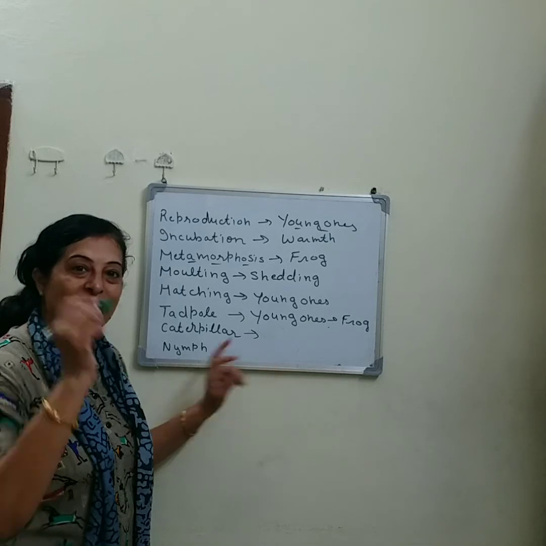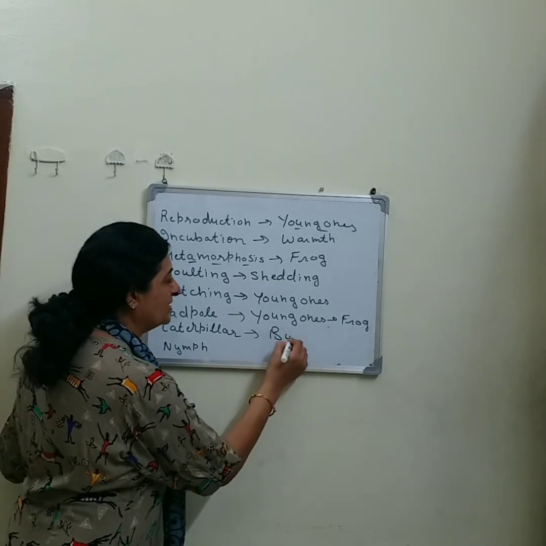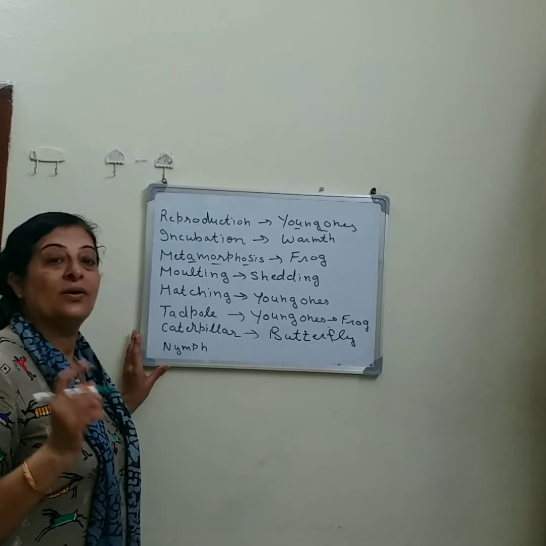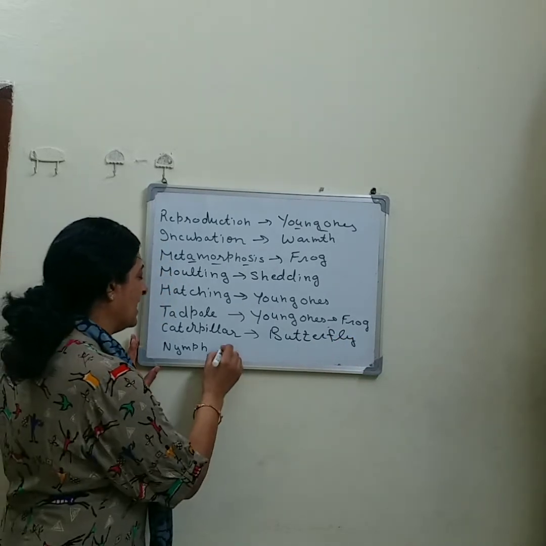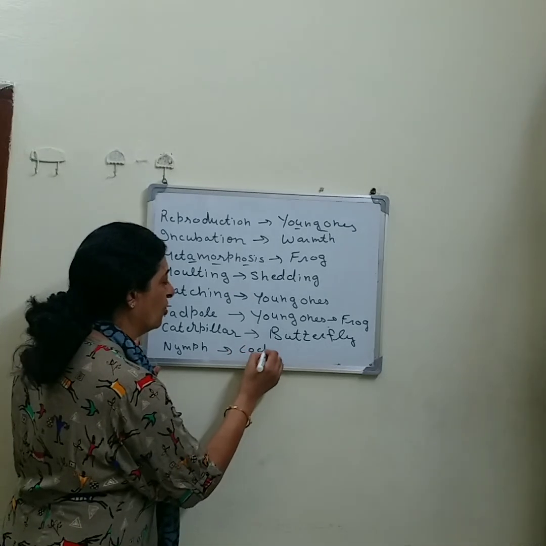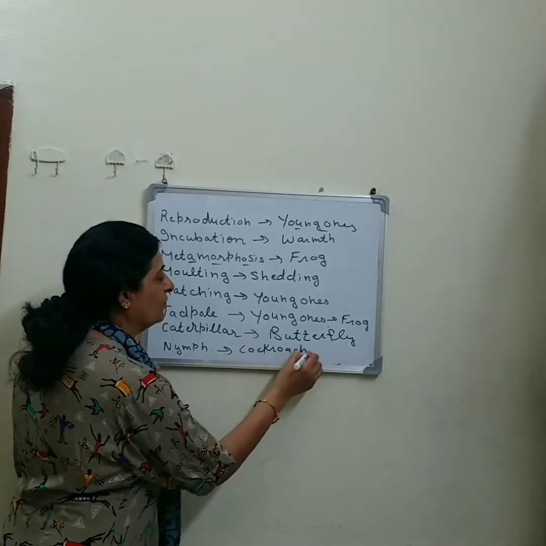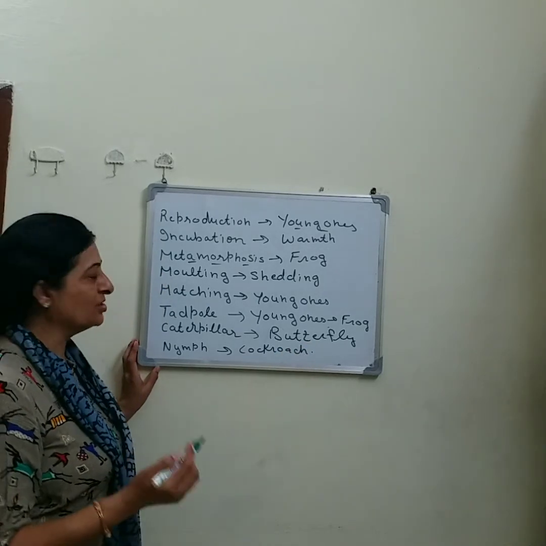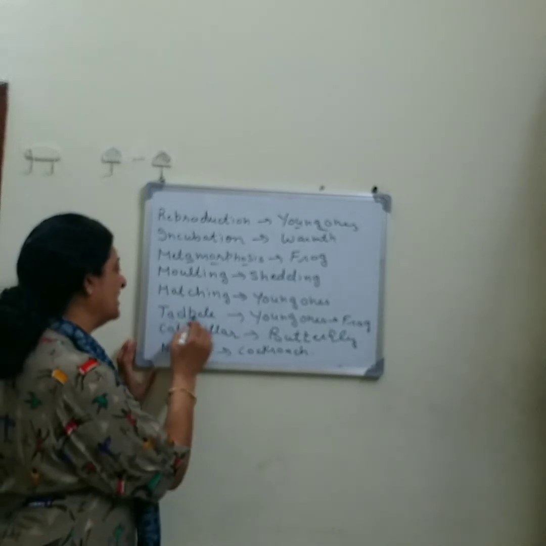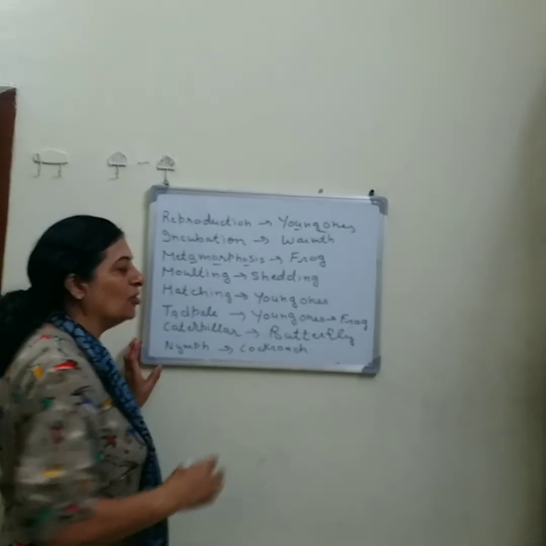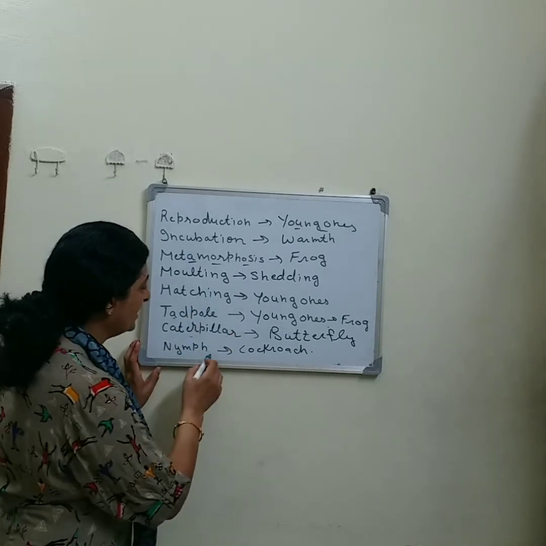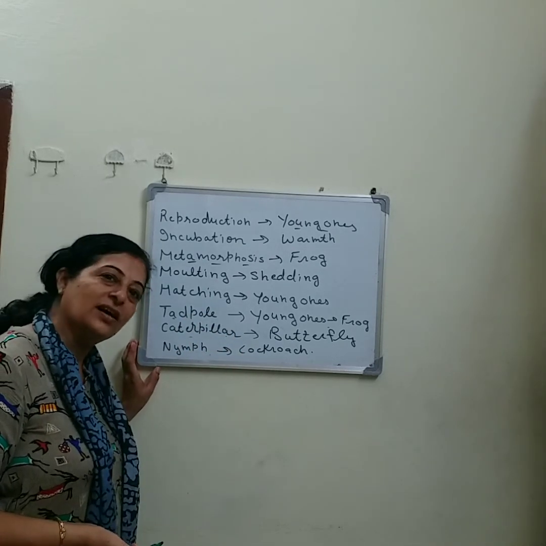Caterpillars are the young ones of the butterfly. And nymphs are the young ones of the cockroach. So, what is the name of the young one of a frog? Yes, you are right, tadpole. What do you call the young one of a butterfly? Yes, caterpillar. And the nymph is the young one of a cockroach.